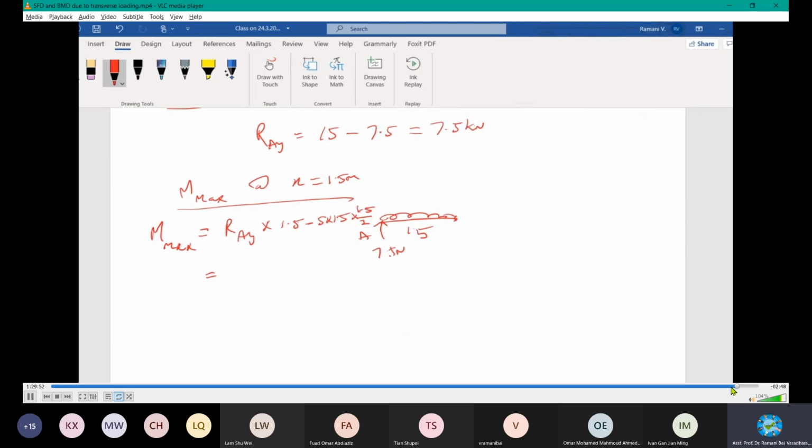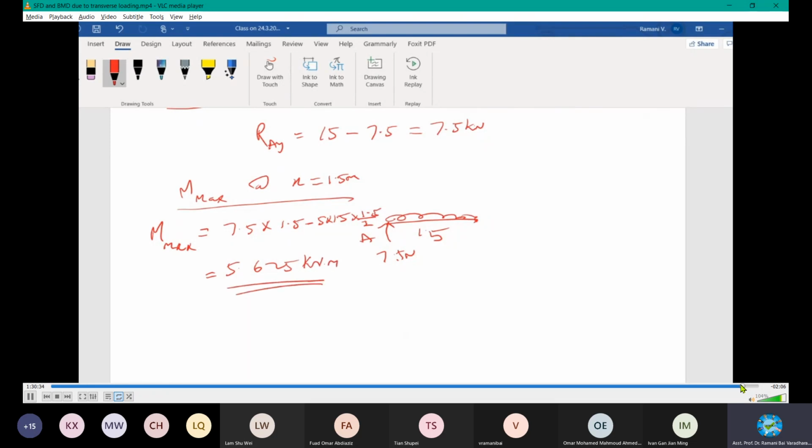So when you do that, you will have, wait, I repeat, or I remove this one. Maximum bending moment for this case will be 5.625 kilonewton meter.